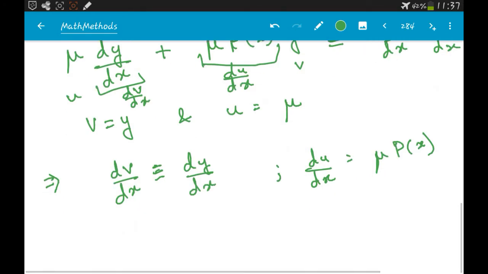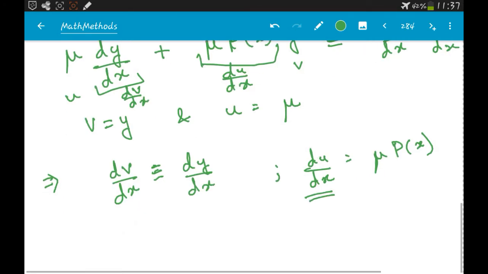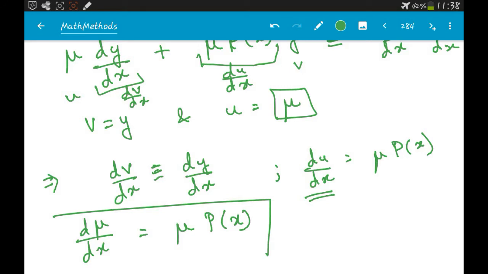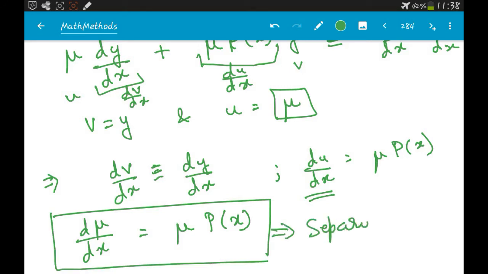So what is this? u is nothing but mu. So we have d mu by dx is equal to mu into p of x. Now if you look at this equation, this is obviously separable, right? Why is it separable?